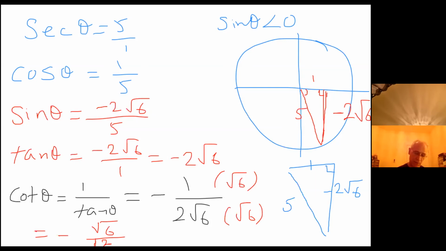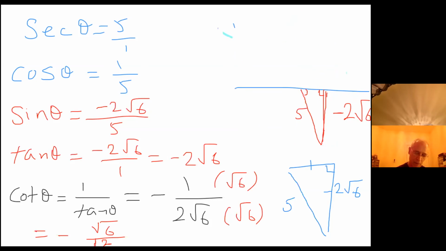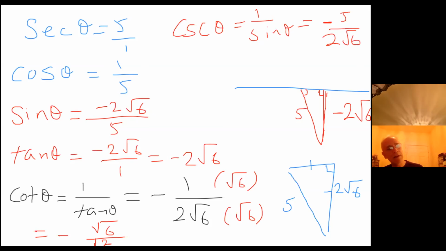Cosecant of theta equals 1 over sine theta, so that equals negative 5 over 2 root 6. We can rationalize the denominator, but really doesn't matter at the moment.